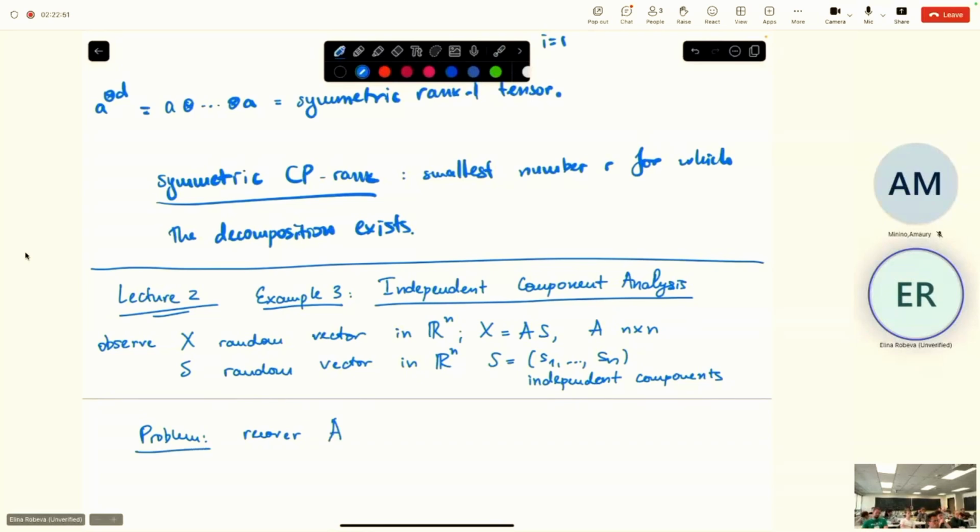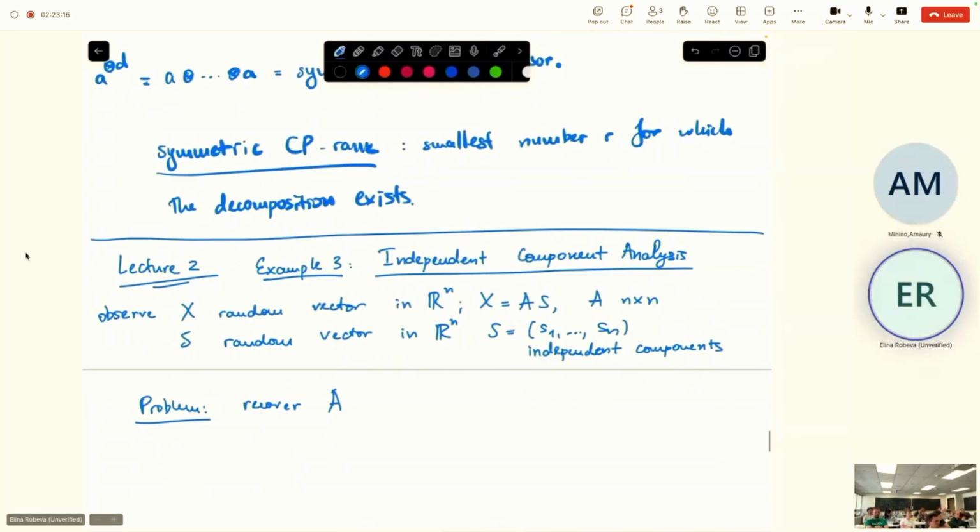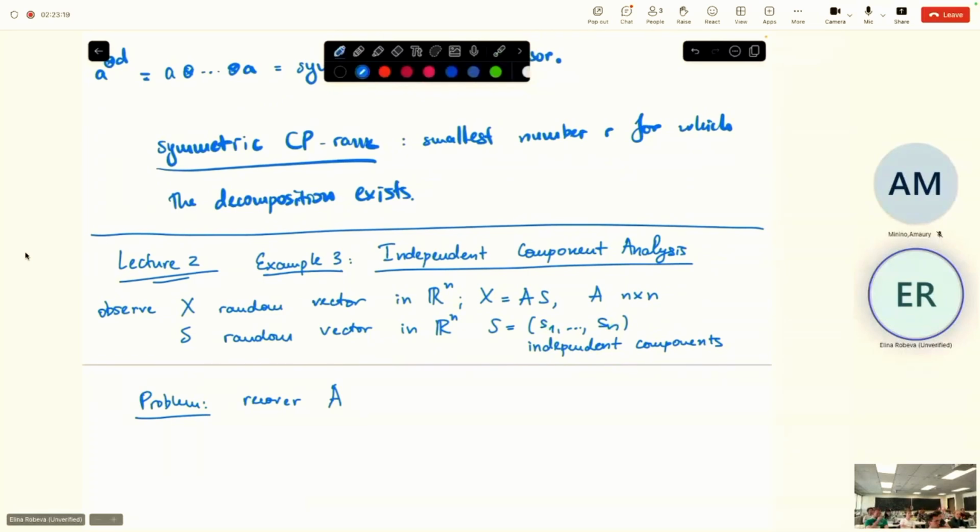This is useful in many applications, but one example that I like is called the cocktail party problem, where you have, let's say, n people in different corners of a room talking at the same time, and there are n microphones. The people would be s1 up through sn, they're just saying some stuff, and the n microphones give the entries of the vector x. So xi is the sum over j from 1 to n of a_ij s_j.